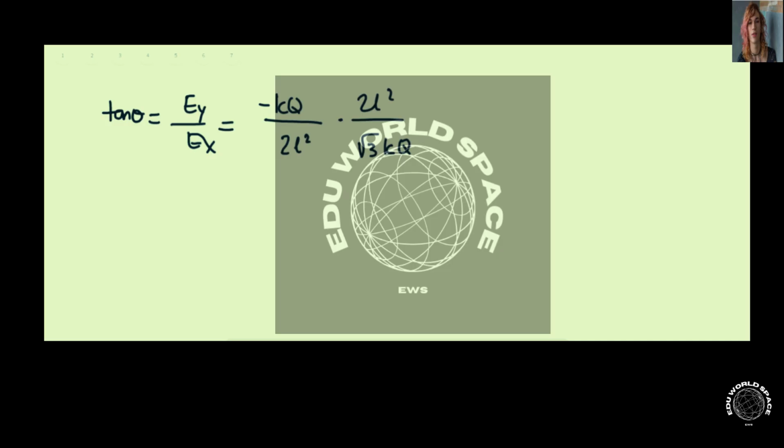And now let's see what's canceling out. The kq's are going to cancel out. The 2L squareds are going to cancel out. What we have is negative of 1 over square root of 3. And when we take the inverse tangent of negative 1 over square root of 3, we find our angle. And in this case, our angle is 330 degrees.